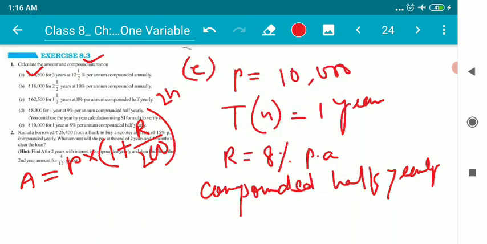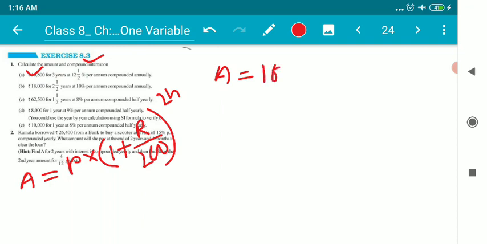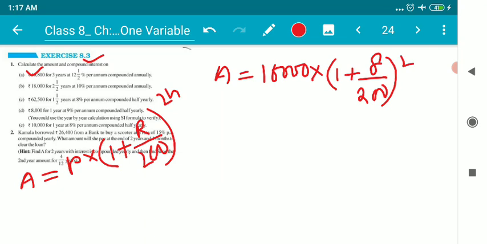So if we write the elements for such a condition, I'll write amount is equal to principal, meaning 10,000, into 1 plus r, meaning rate of interest, 8 by 200, whole to the power 2. Now the question is, sir, why whole to the power 2? Because there are two 6-month periods in 1 year.